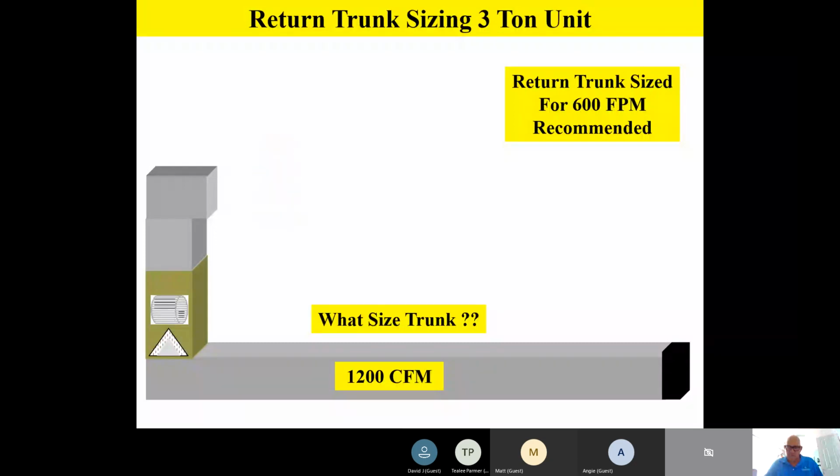And a lot of times we find contractors keep that main trunk size about the same all the way. And so at 1200 CFM and 600 feet a minute velocity, we find we're going to have a main trunk size going back of about a 20-inch round.